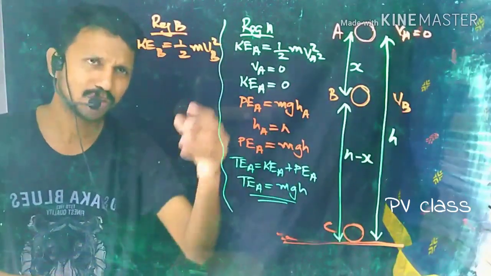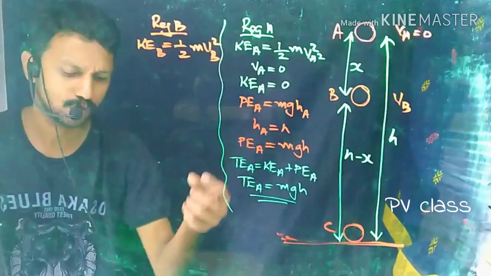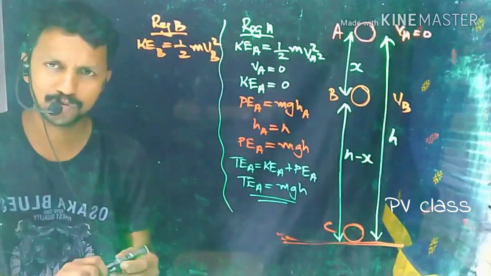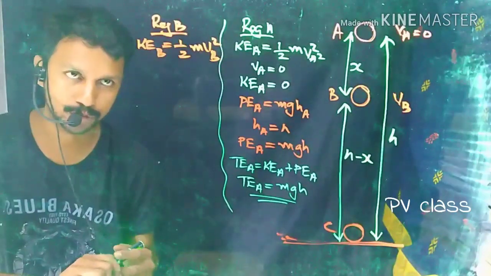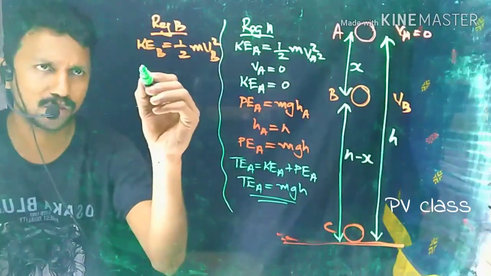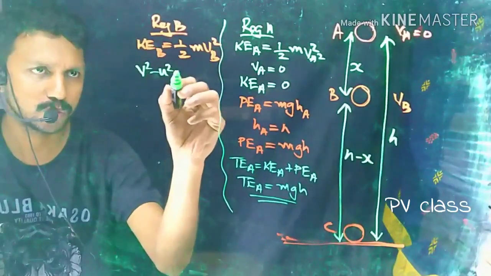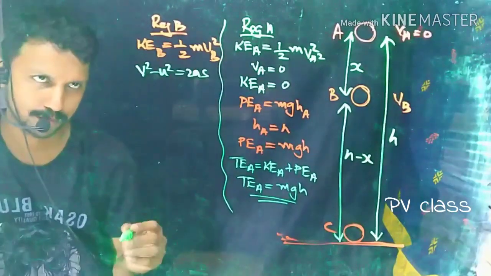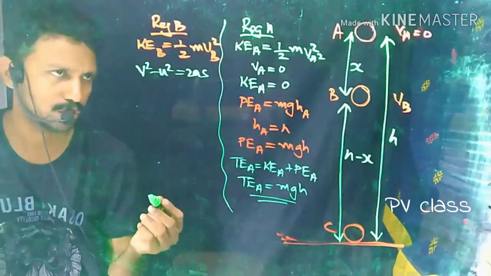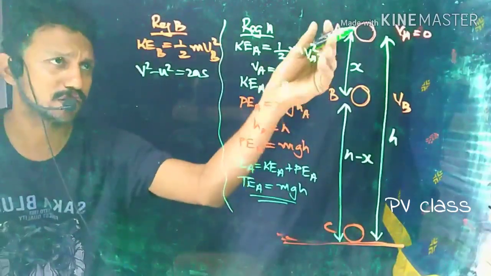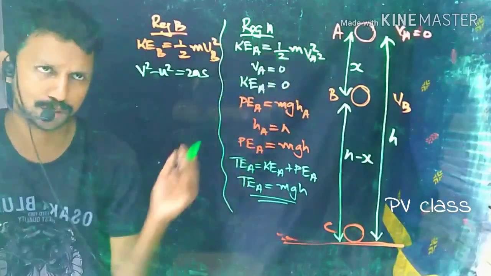Then, in order to transform this Vb square, we are using the help of the third equation of motion. As we all know, the third equation of motion says V square minus U square is equal to 2as. This is our third equation of motion, and I am using it in the A to B region.